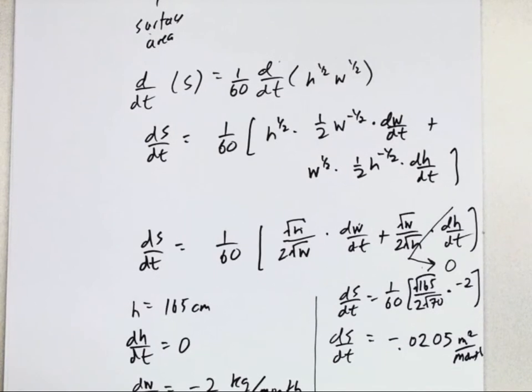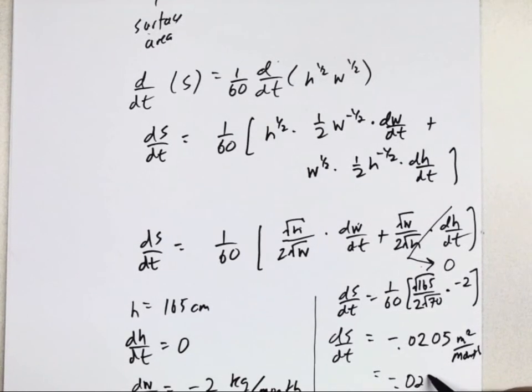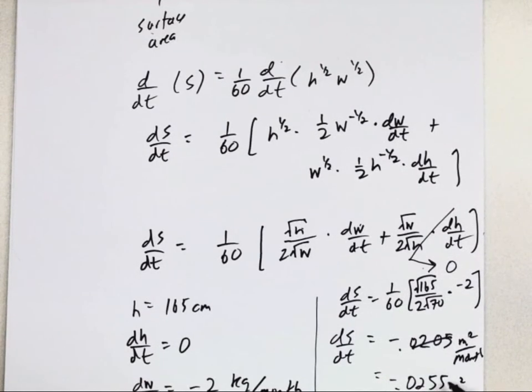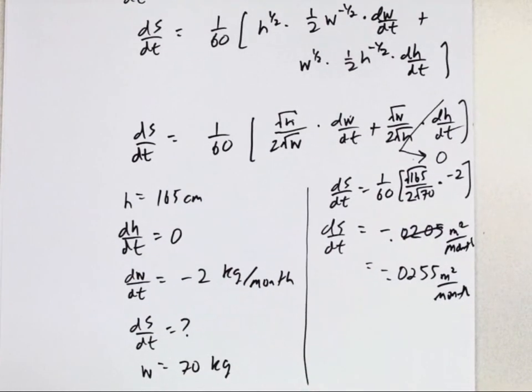Let me do my calculation again just to confirm. Okay, 165 square root divided by 70 square root divided by 120 times, oh yeah, I think I made a little calculation error. This is what the book has. I was close, but I think I just made a little math error. So sorry about that. But the method's correct, just have to make sure I get the numbers down.